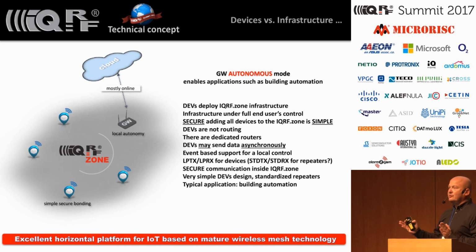I cannot agree with ZigBee, as they stated that it's not possible to make it secure because otherwise it will be difficult. So we found a way how to make it simple. Also, you saw yesterday Chinru. He showed you another mechanism how to make it secure and simple in building automation.